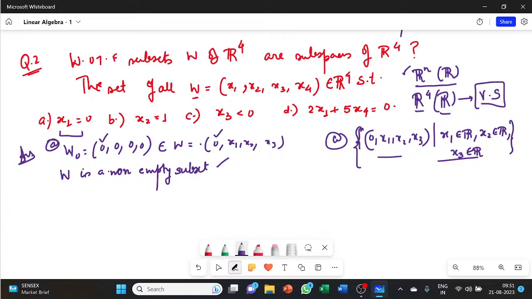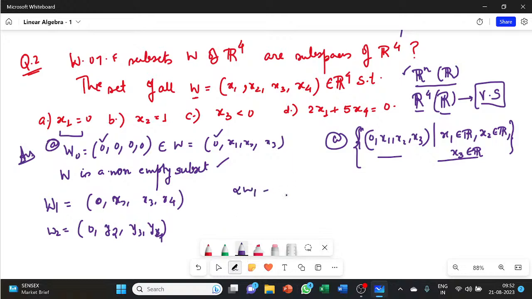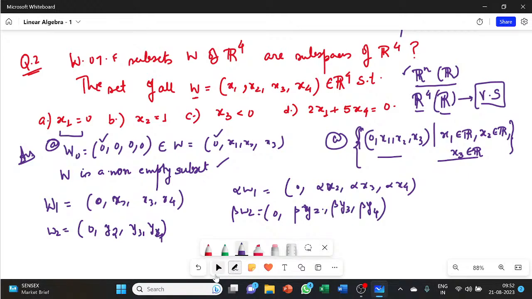Now let us try to find the other two properties. Let's say W1 is equal to 0, x2, x3, x4, and there is another W2 which is 0, y2, y3, y4. Then alpha W1 will be 0, alpha x2, alpha x3, alpha x4, and beta W2 will be 0, beta y2, beta y3, beta y4.